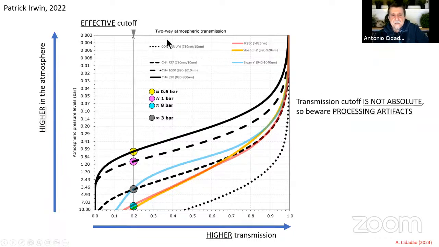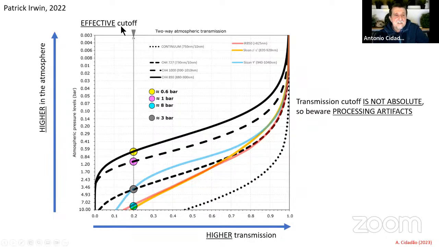As you can see, the continuum filters remain highly transmissive at lower levels of the atmosphere, while methane bands vary with their characteristics, with each one that is used, but decay much more rapidly and reach what we call an effective cutoff, beyond which images are in practice not obtainable.